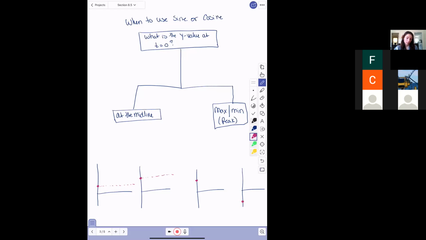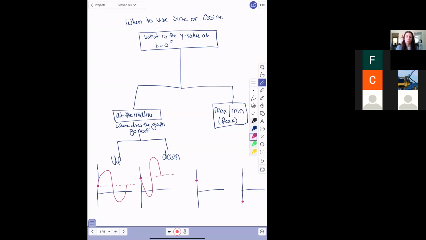Next, we'll start on this left-hand side. If it's at the midline, we ask ourselves, where does the graph go next? Here it can either go up or go down.